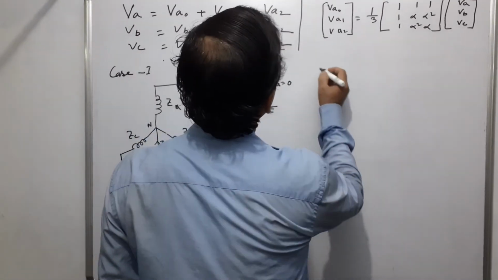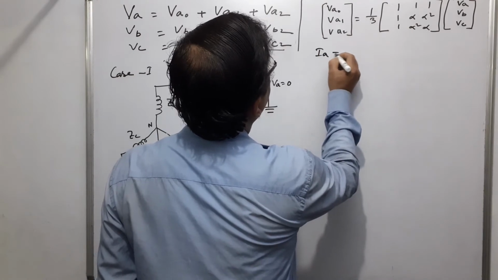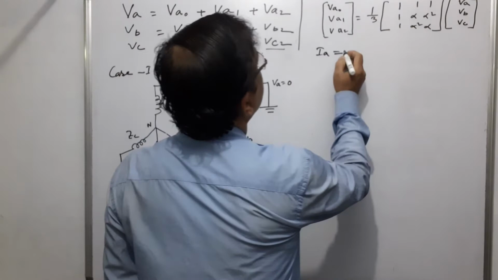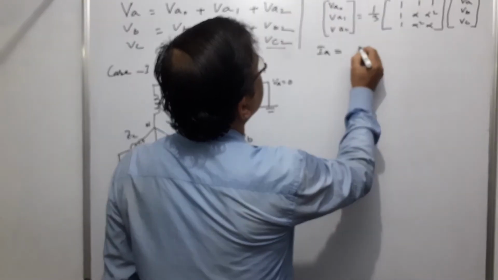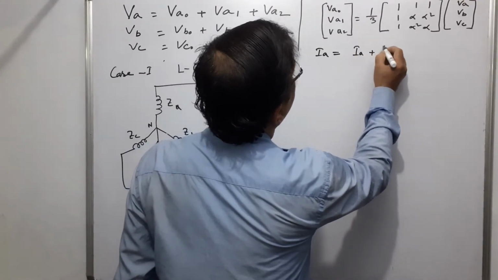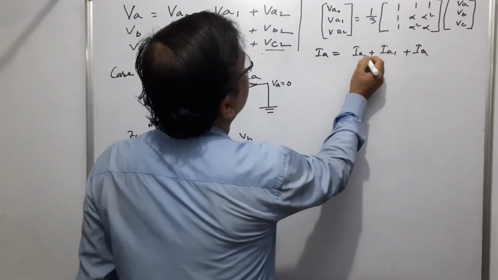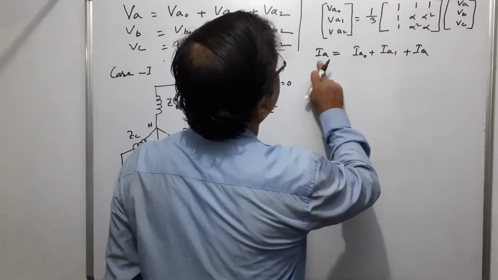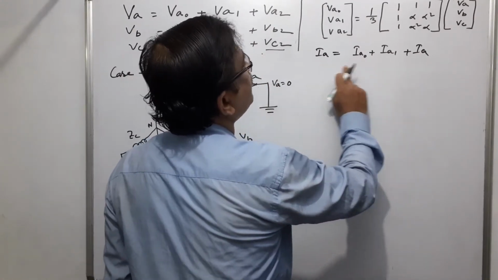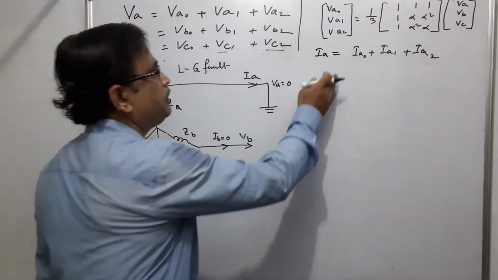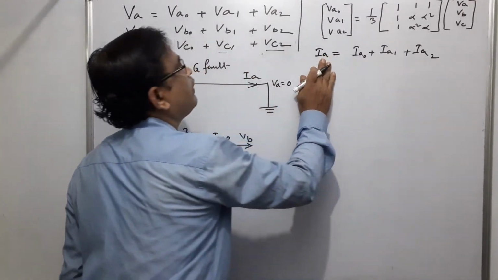Okay. And now we know IA, according to Fortescue's theorem, can be resolved into 3 parts: IA0 plus IA1 plus IA2, the zero sequence component of IA, the positive sequence component of IA, and the negative sequence component of IA, and the summation of these is IA.